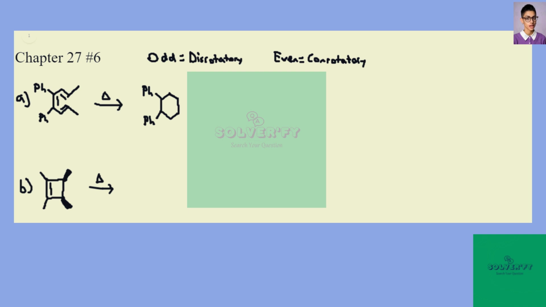When we draw the movement of these electrons, and I will draw that just briefly to make it a little easier to visualize, the electrons are going to move around. Remember, this happens as a single step. These electrons will form the new bond, and so we've closed the ring here.